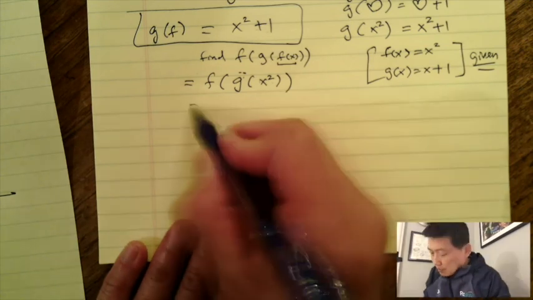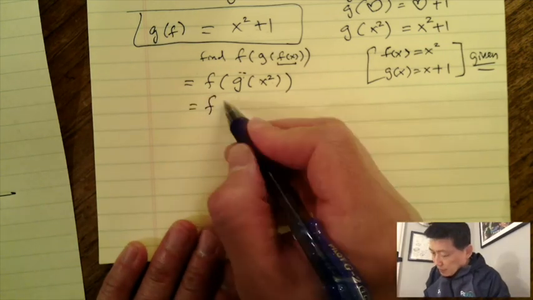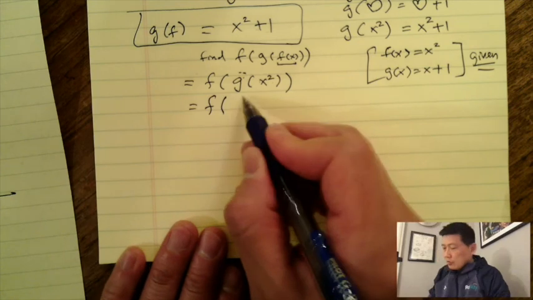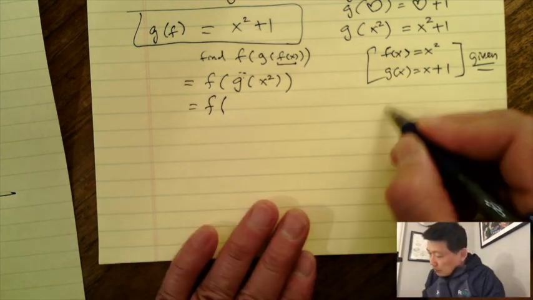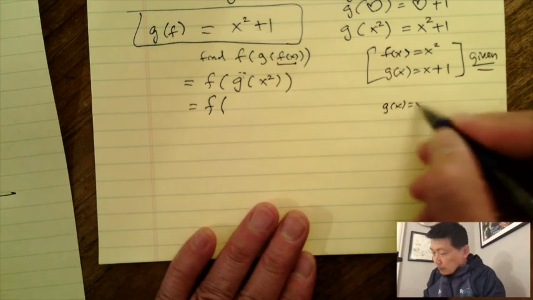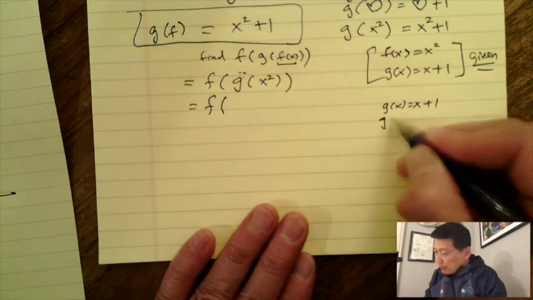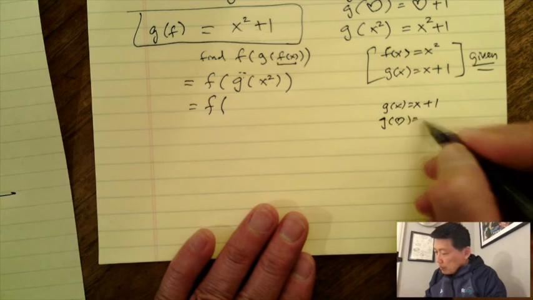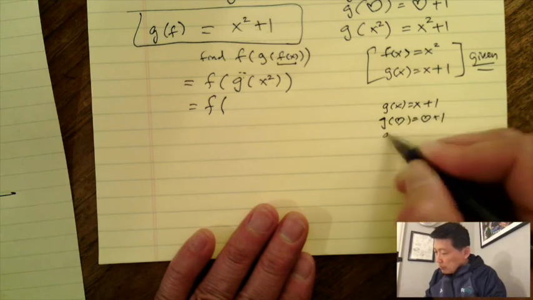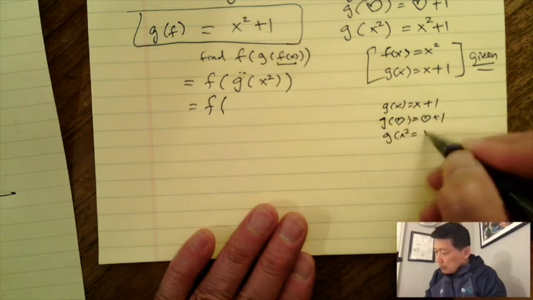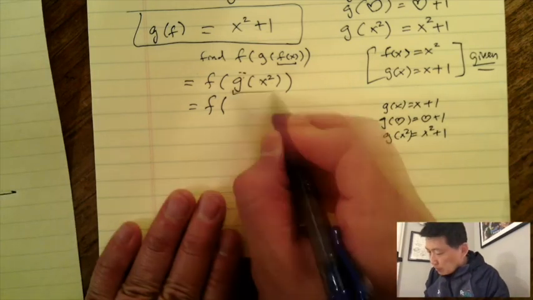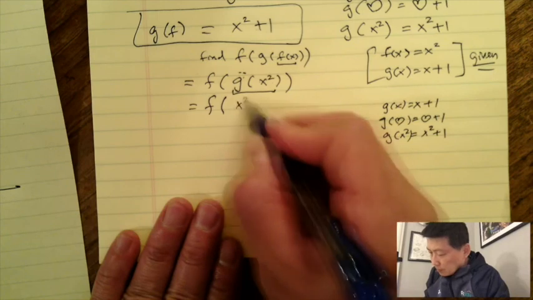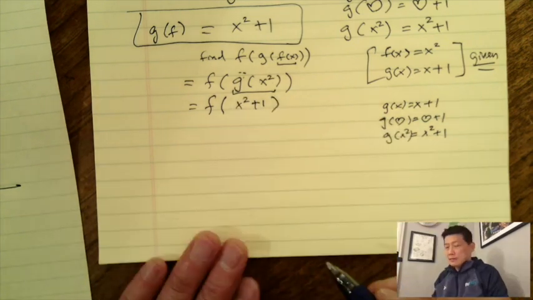So now, again, no problem, the question is what's g of x squared? Now remember, g of x is equal to x plus 1. g of heart is equal to heart plus 1. g of x squared is x squared plus 1. So there you go. g of x squared is x squared plus 1.